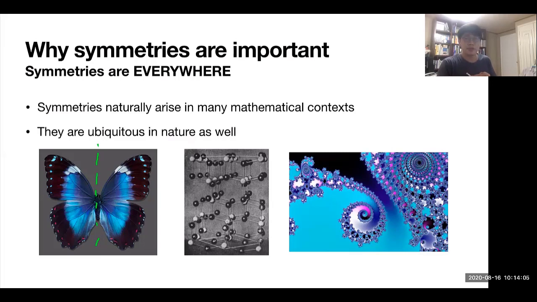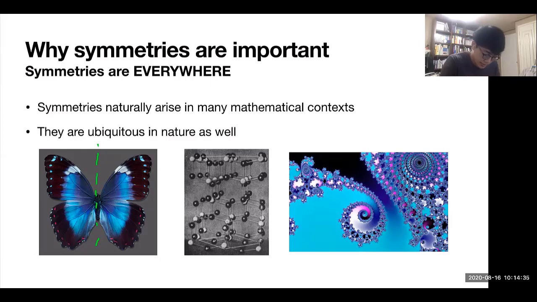For example, if you look at microscopic scales, examples such as crystals in chemistry also enjoy extra rigidity and regular structure, and therefore some complicated symmetry transformations, and the study of these symmetries is natural in the study of the chemistry of such objects.